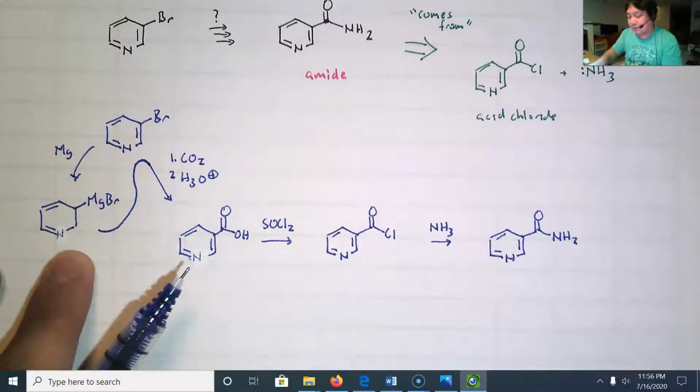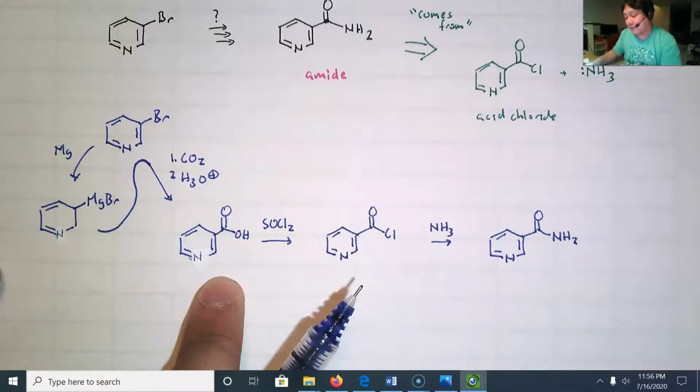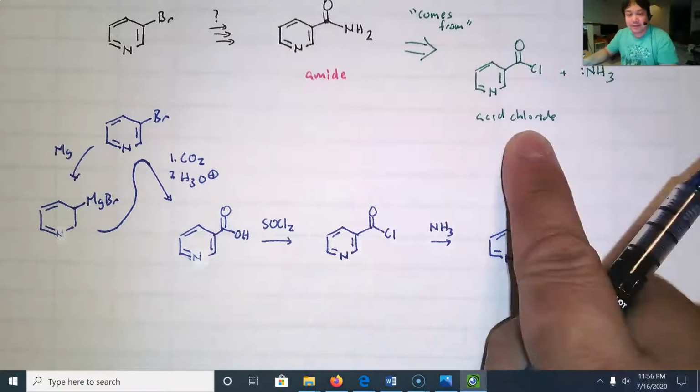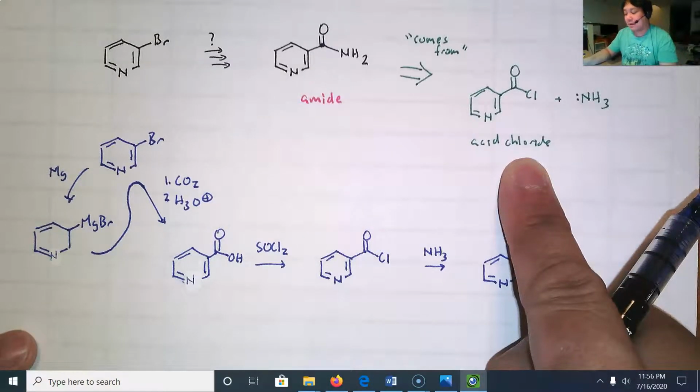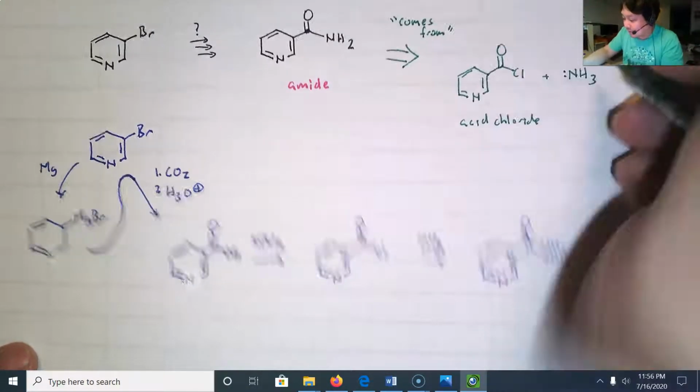We take the Grignard reagent, we add carbon dioxide, make carboxylic acid. The carboxylic acid is converted into acid chloride, and like my strategy said, I know how to make an amide with an acid chloride and an amine. This happens to be ammonia.